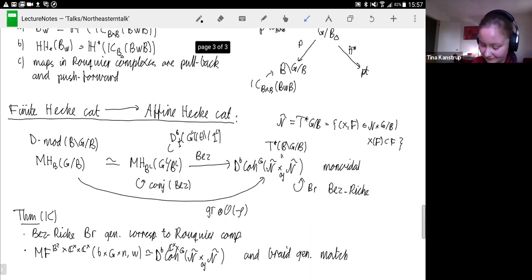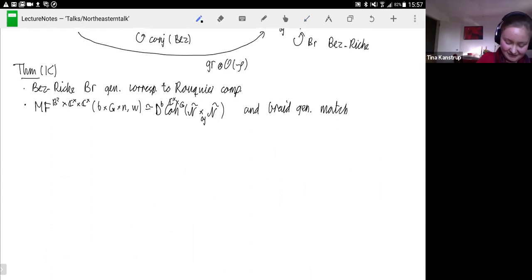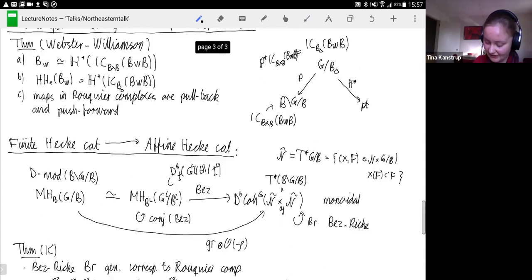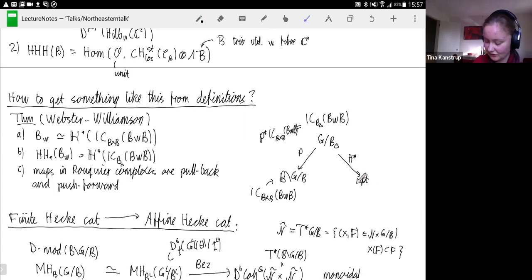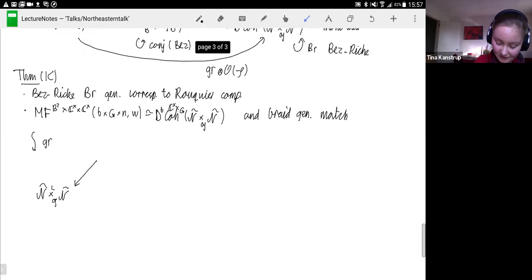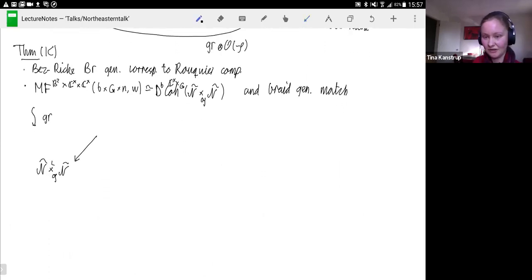So there's a procedure for this. Let me skip saying very much about it and just write the result. So the starting point will be the Steinberg variety. And now the correspondence up here translates to two correspondences that you can put together into one correspondence.